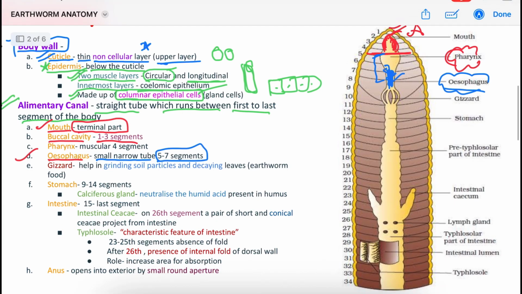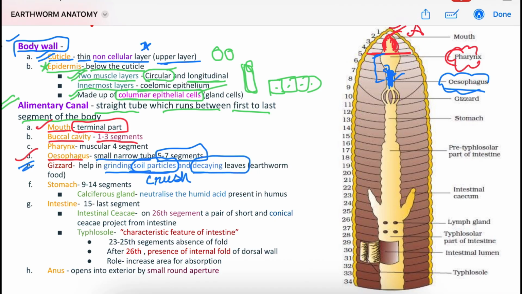Next is the gizzard. The gizzard is a very important organ of the alimentary canal, because of it the earthworm is able to grind the soil particles, crushing them into smaller particles, and also helps in decaying leaves.